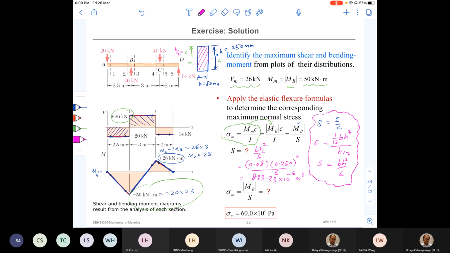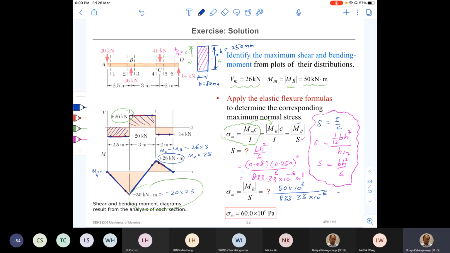Now we know this one as well, and it is simply a matter of substituting the numbers. I'm going to substitute MB. MB is 50 kilonewton meter, that is 50 into 10 to the power 3. And just now we found the value of section modulus is 833.33 into 10 to the power minus 6.